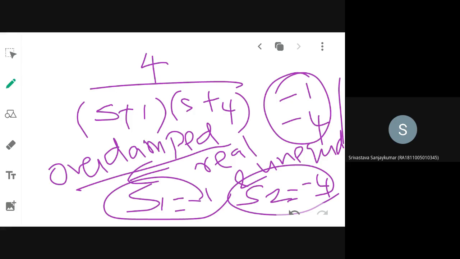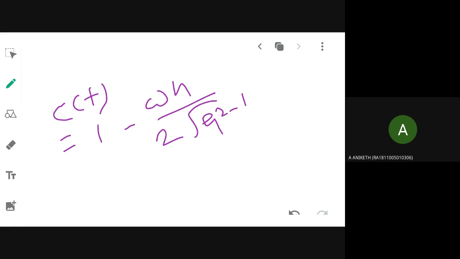What is the formula that you are having? 1 minus omega n divided by 2 zeta root of zeta squared minus 1, e power minus 1 t divided by minus 1, minus e power minus 4 t divided by minus 4. S1 and S2 can be used interchangeably, no problem in that.